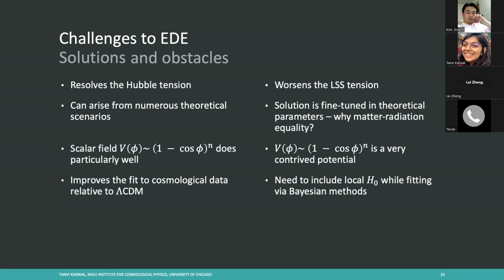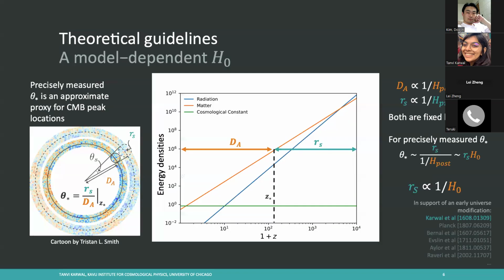Good question. So for the CMB specifically, H0 depends on the sound horizon. S8 does not.